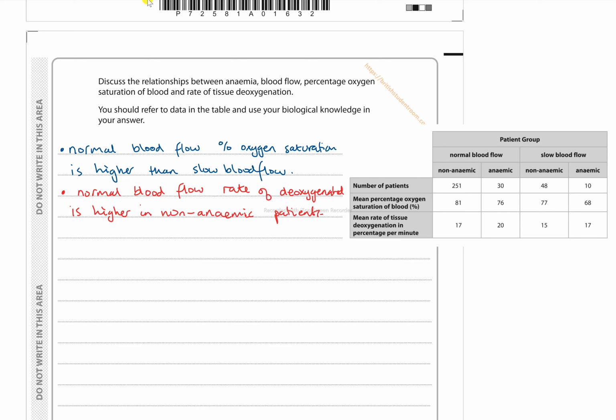Now they're comparing normal and slow blood, anemic and anemic. Let's get another color. This color's better, it stands out a bit more.